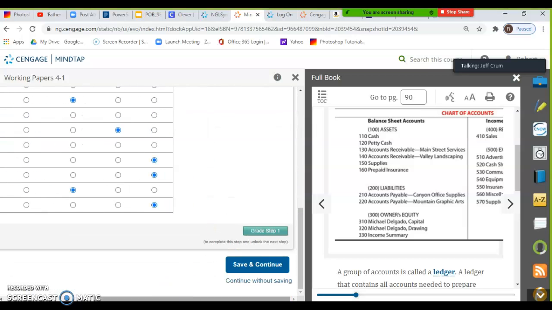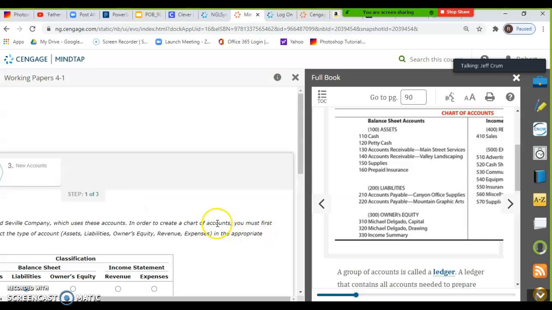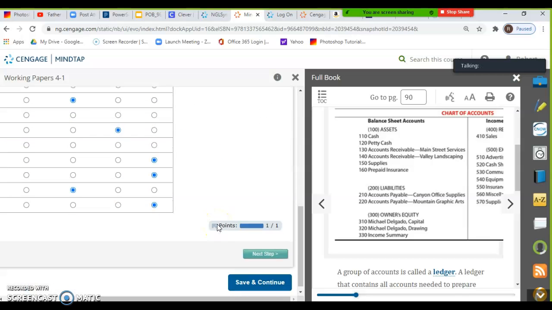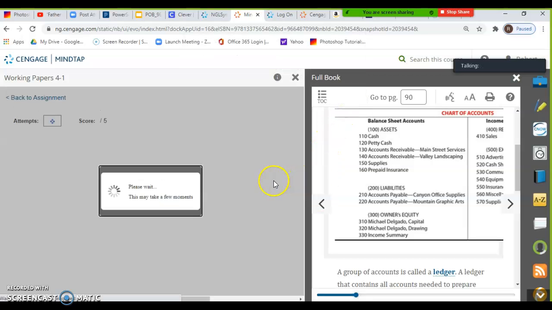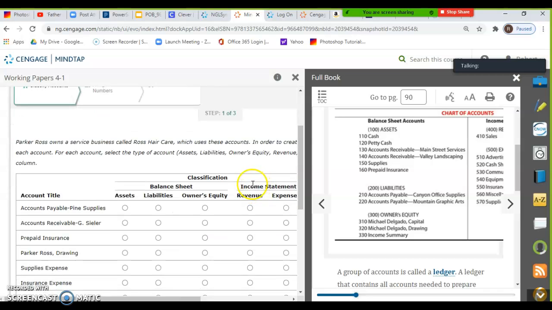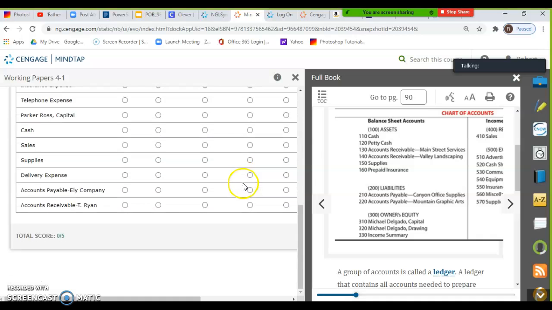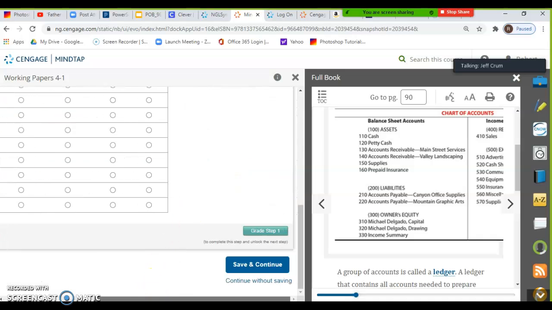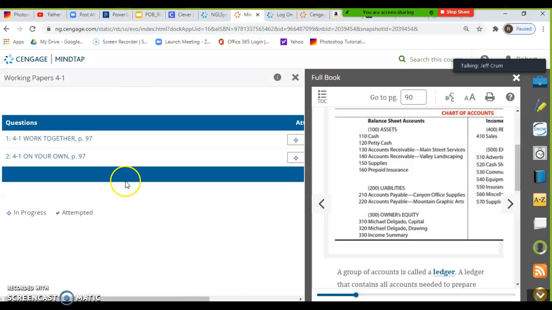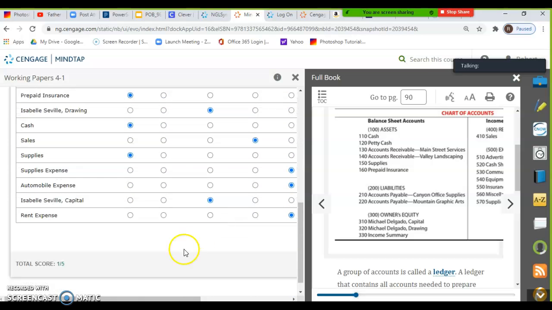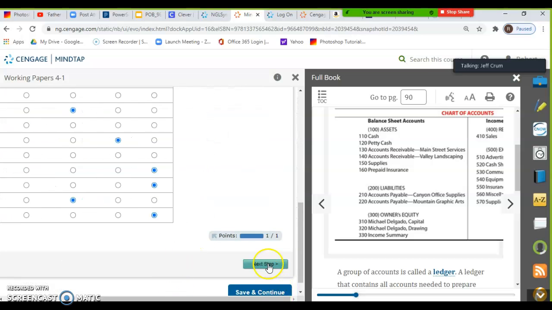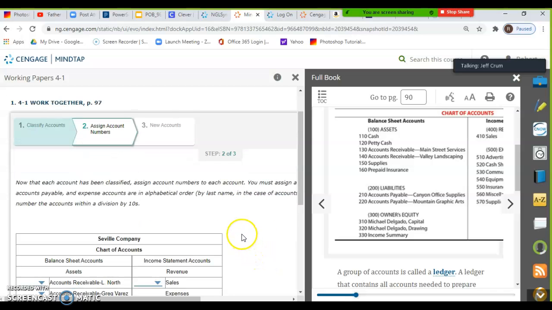We got some answers here. We'll grade step 1. Now maybe it'll let me go forward. Okay. It's starting to get annoying now. Continue without saving. Next step. Okay, here we go.